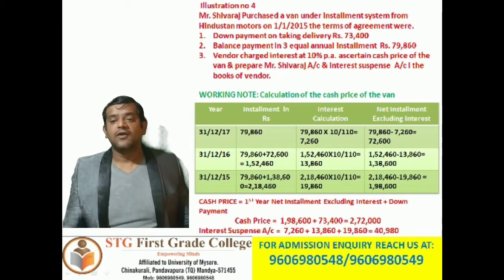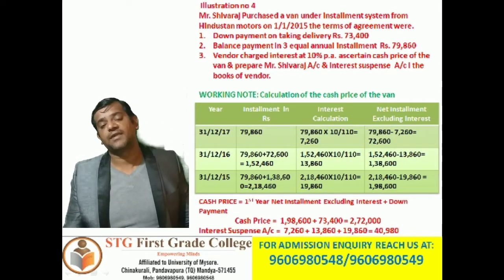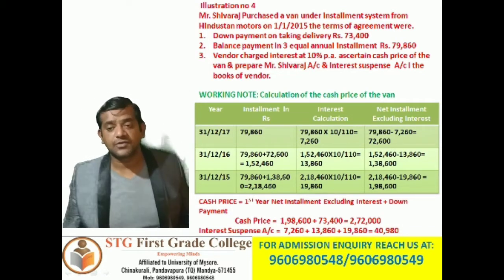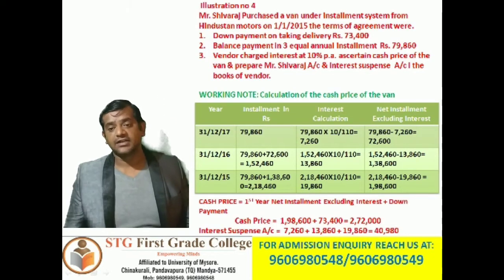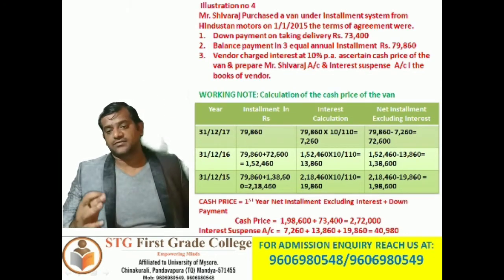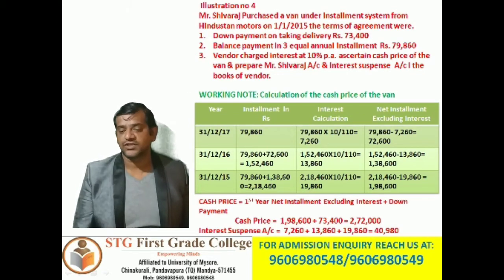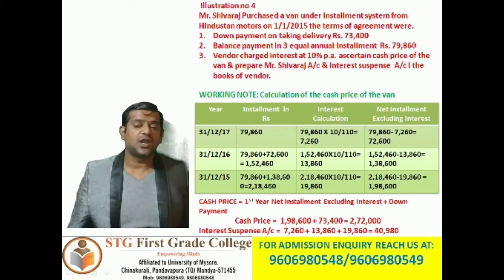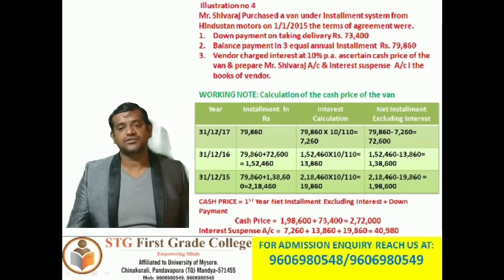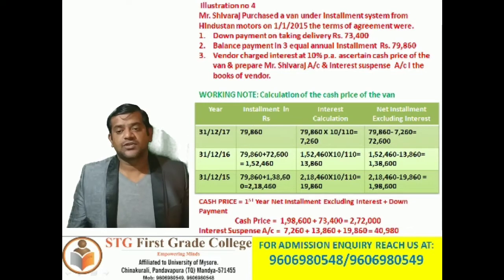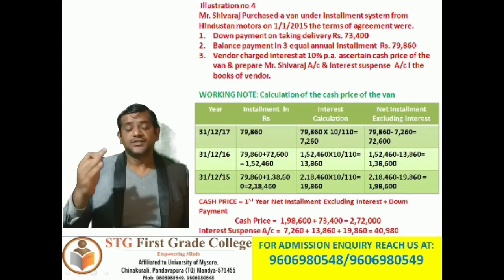Now find the net installment amount which excludes the interest: 79,860 minus 7,260. The net installment paid is 72,600 rupees.